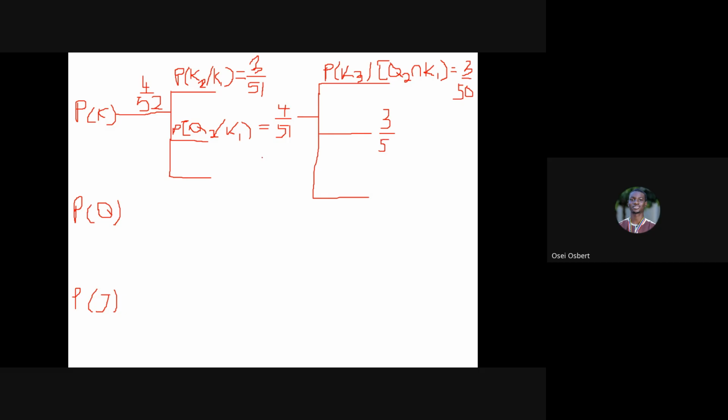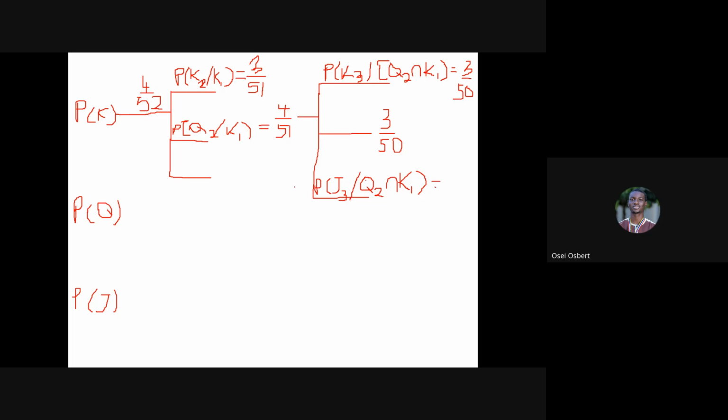And let me write what we are mainly after: the probability of a jack, given that we have both a queen and a king occurring.